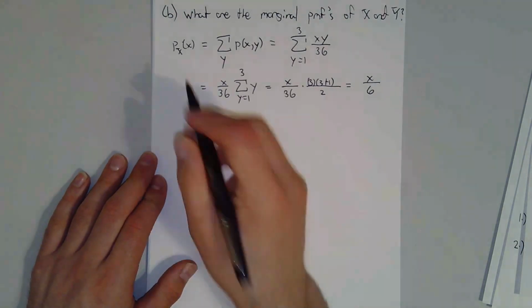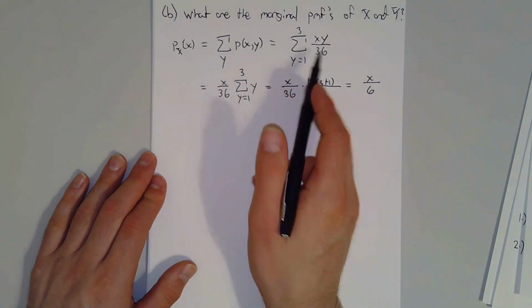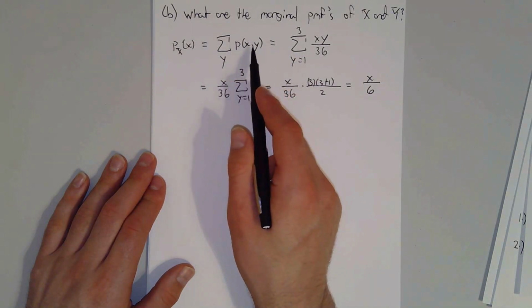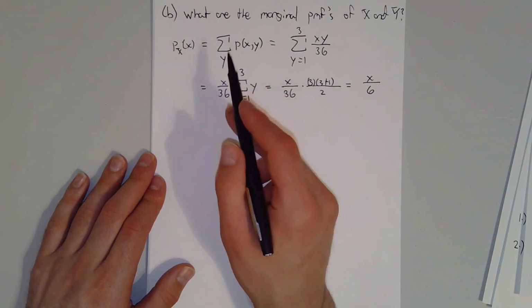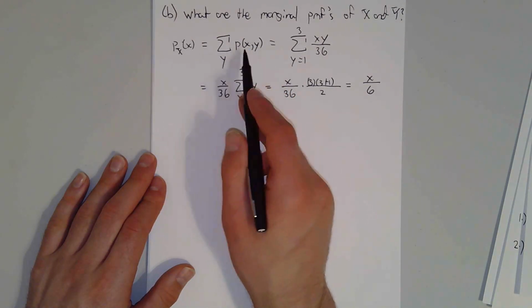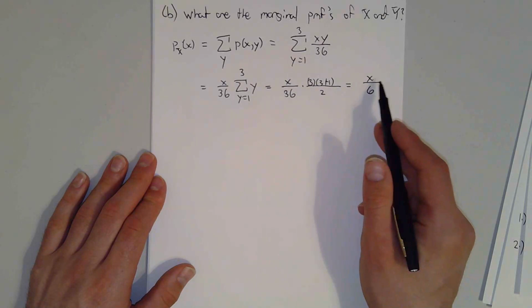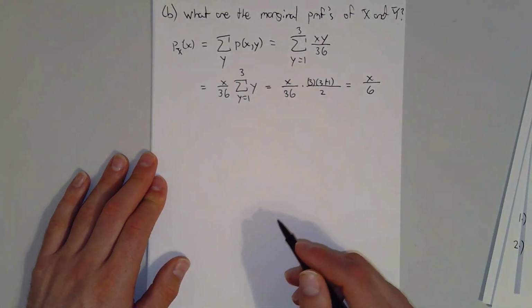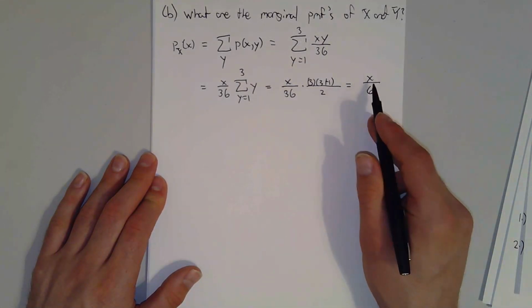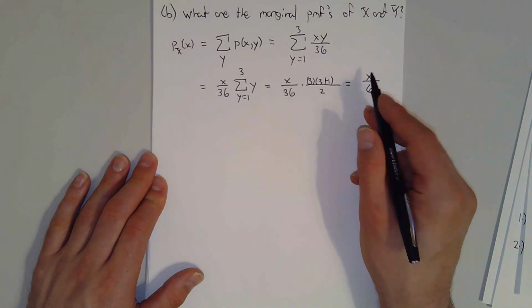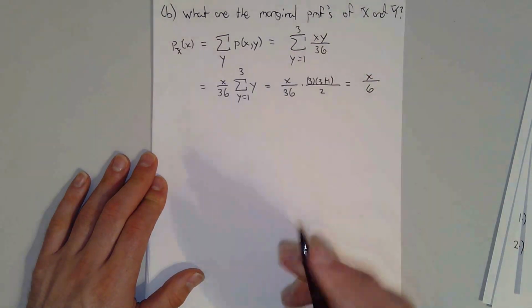First, even though when we started out it looks like an expression of x and y, it's only an expression of x because y is the index in this sum. After carrying out our procedure, we end up with x over 6. Also, this is not true for all values of x. It's only true when x is between 1 and 3.